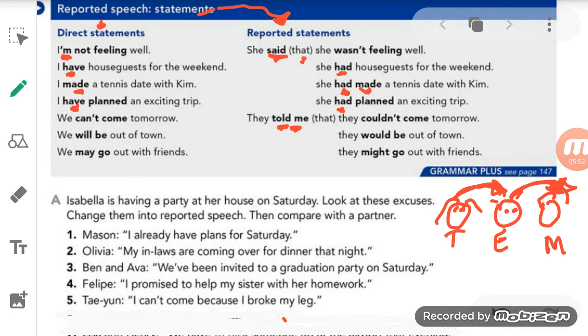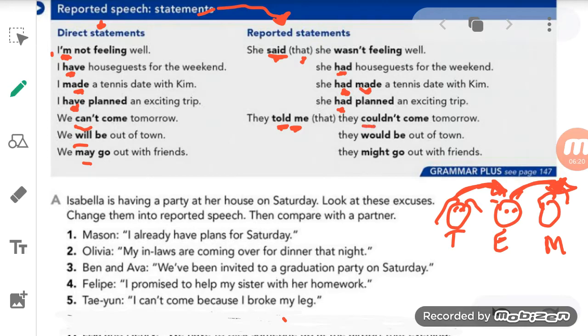Now, this is about the time, present with the verb be, the simple past, the present perfect, but in this case we have modal verbs. The modals are can, will, and may. Now, when you have an original sentence with the modal can, the past for can is could.